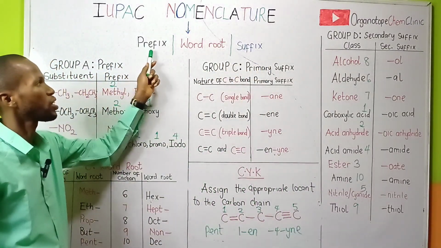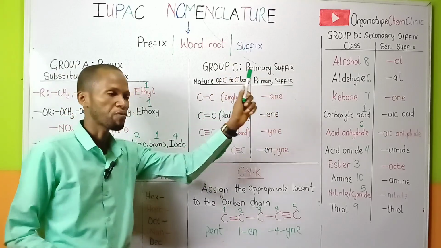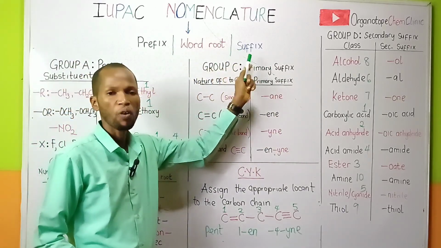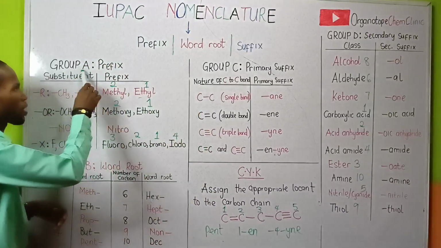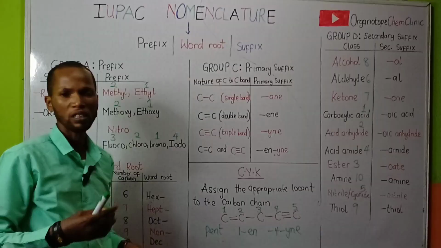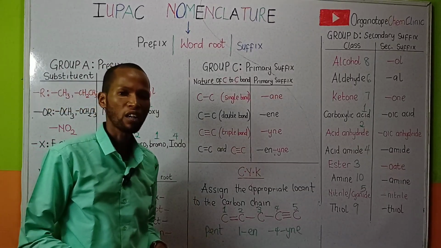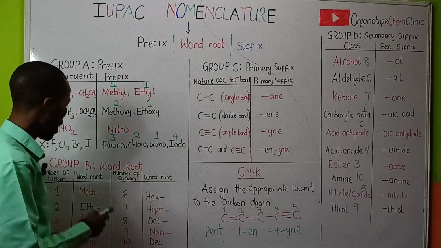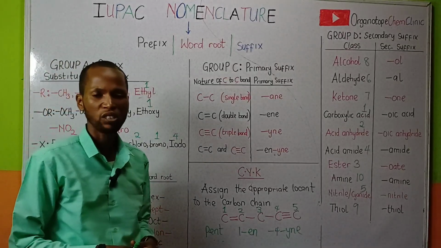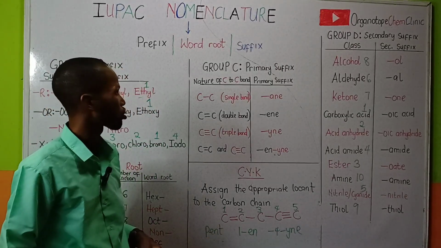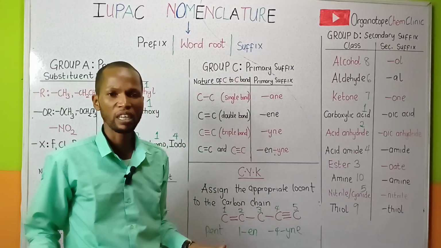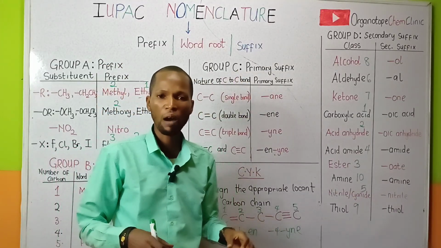We have the prefix, word root, and suffix. So we have the prefix before the word root, then we have the suffix. Group A, which is the prefix, contains what? The substituent group or the side chain in the longest continuous carbon chain, while group B is the word root, which indicates the number of carbon atoms in the organic structure. Then group C is the primary suffix, which indicates the nature of the carbon-to-carbon bond.